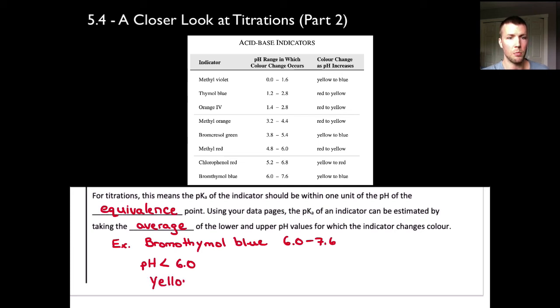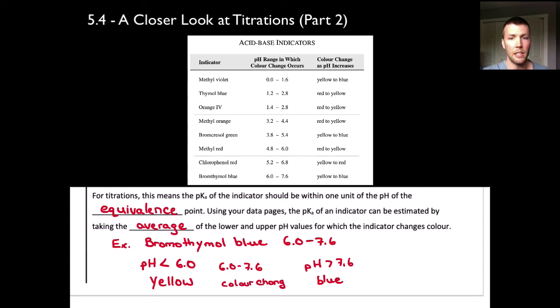So at a pH below 6, we're going to see yellow. At a pH above 7.6, the deprotonated form is going to be predominant, and we're going to see a blue color. Now at pHs between 6 and 7.6, we're going to be seeing a color change, and so we're going to see a mixture of a yellow and blue color.